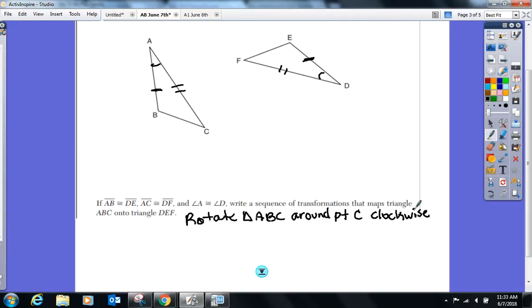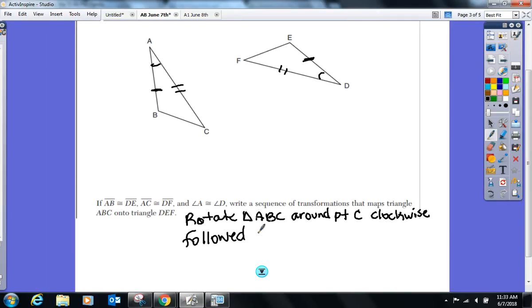And again, I can't give a measurement here. There's no way I can give a measurement. Followed by, okay, you guys have rotated it. Great. So I've rotated it clockwise around point C. What am I going to do now to map it onto FED?